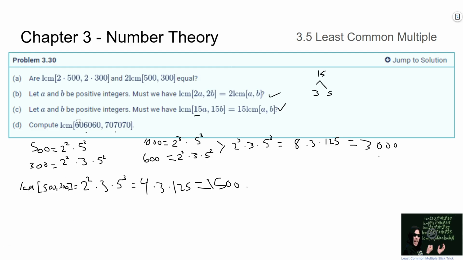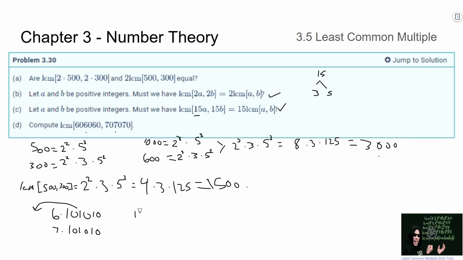So 606060 would be the same as saying 6 times 101010. And this number here would be the same as 7 times 101010. And now we can factor this out.